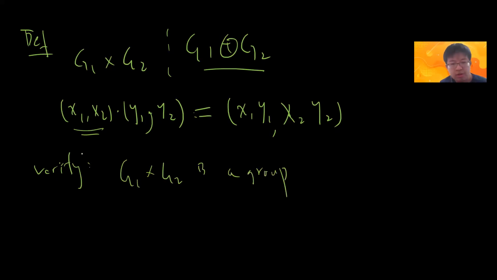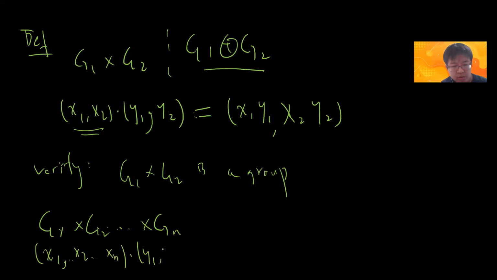This is very simple, so I leave it to you. Obviously you can also talk about G1 cross G2 up to Gn. The operation is (x1, x2, ..., xn) times (y1, y2, ..., yn), with the group product defined pointwise, or component-wise.